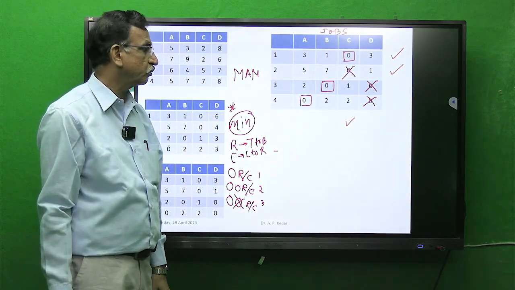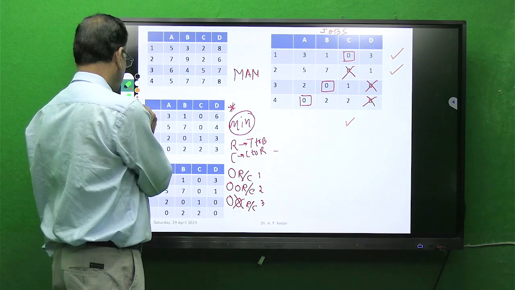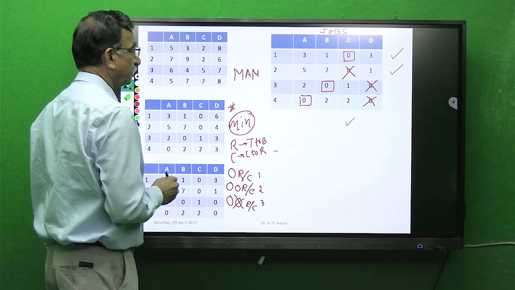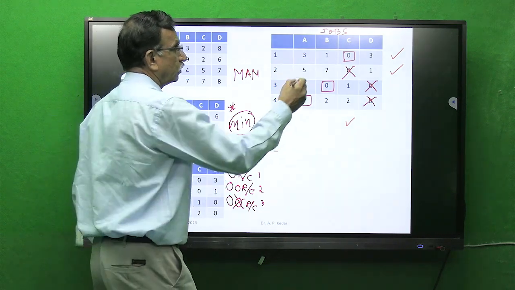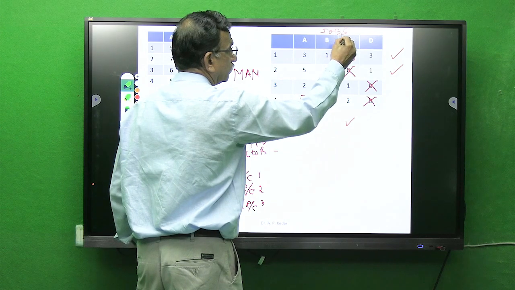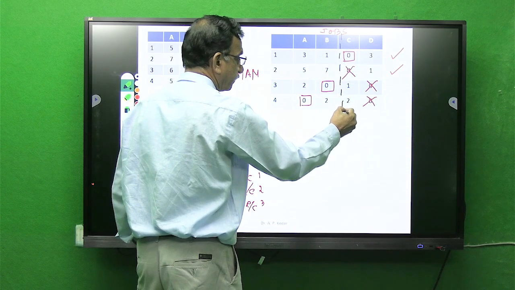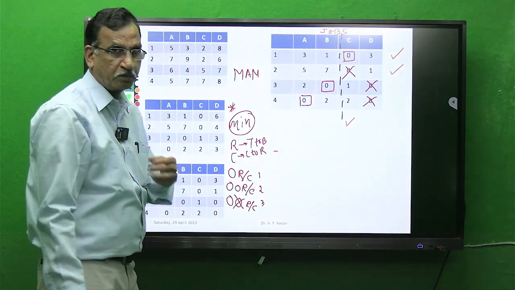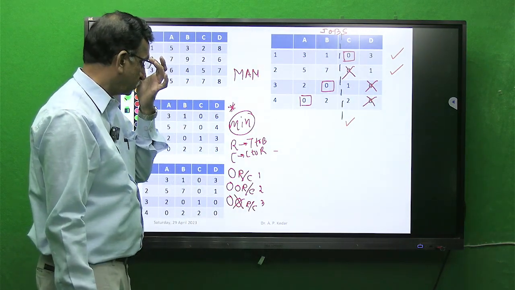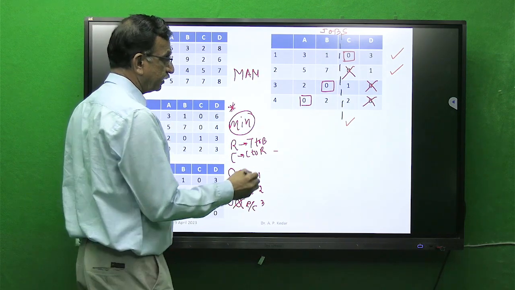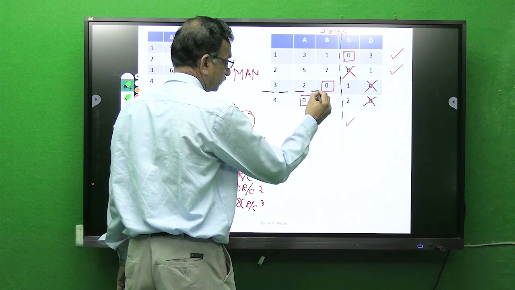Once you do this, what you have to do? Very important again. Draw lines through tick marked columns and unticked rows.